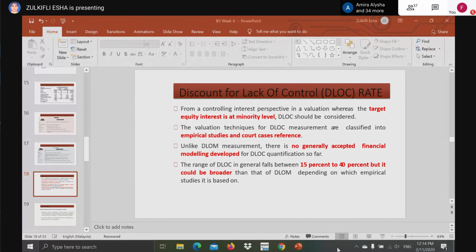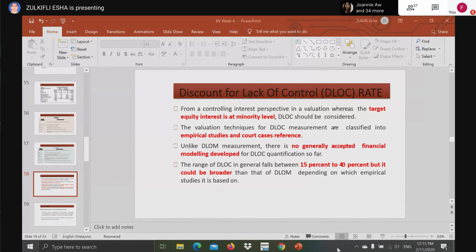So the valuation techniques for discount for lack of control measurement are classified into empirical studies and court cases reference. In order to determine whether the DLOC will be involved in the valuation or not, and how much discount should be given, court cases and empirical studies will be used as our reference.